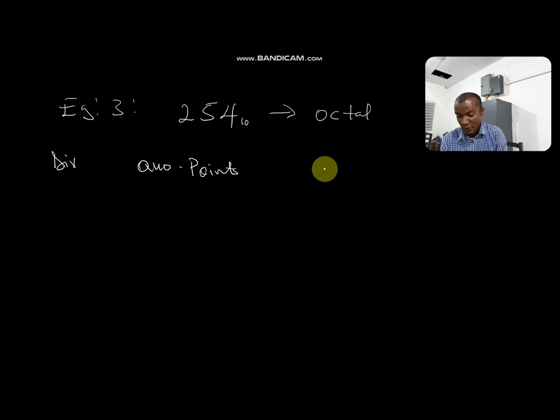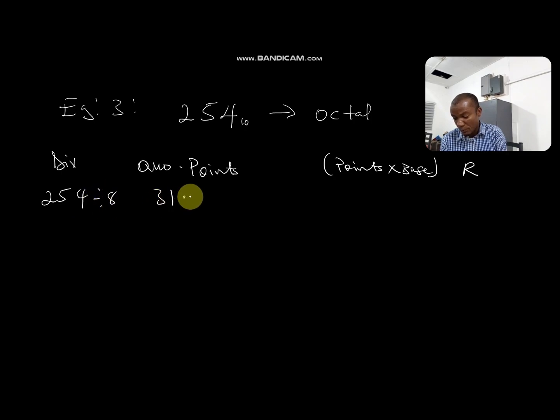To get the remainder, I will multiply the points by the base to get my r. So 254 divided by 8 will give me 31.75. So 0.75 times base 8 will give me 6. That is remainder 6. Now I bring my quotient here, 31.